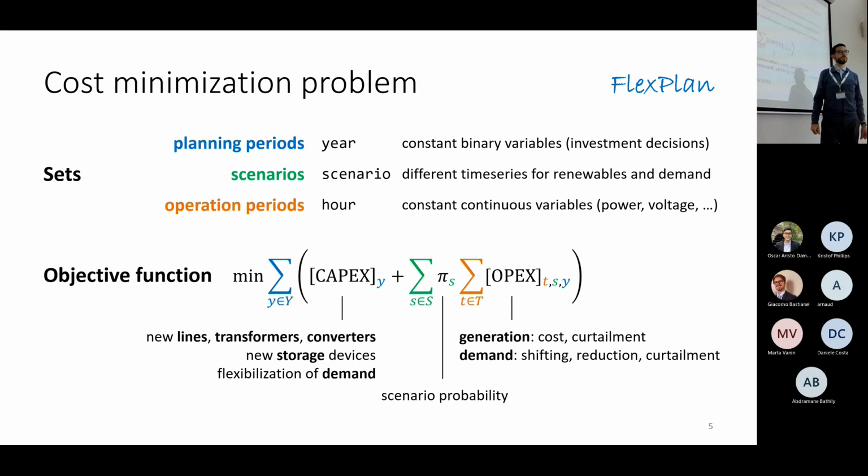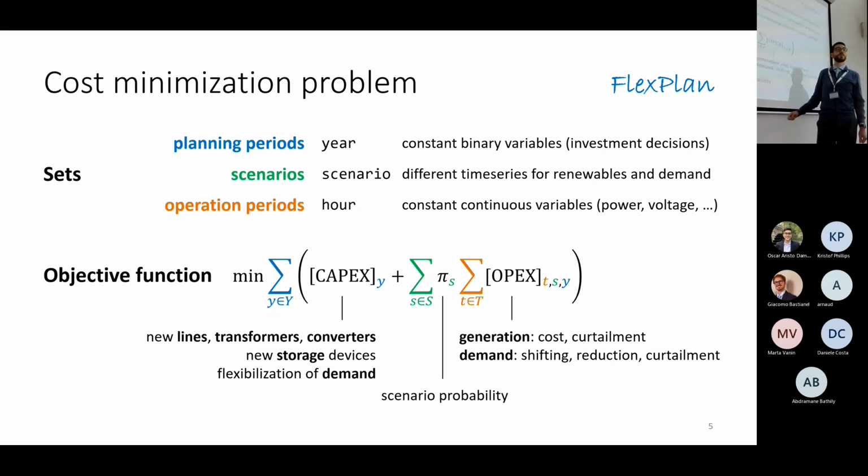So the investment decisions are only in these binary variables that multiply a cost for the investment. So for all scenarios, your investment decisions converge to one configuration. Yeah, correct. And that decision must be feasible, whatever scenario is realized. So what is weighted in the objective function is the expected value of the cost.